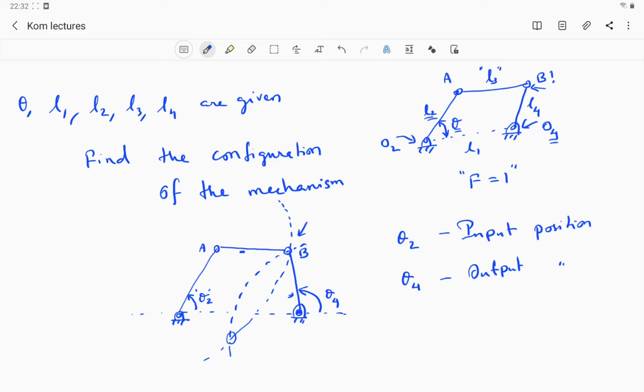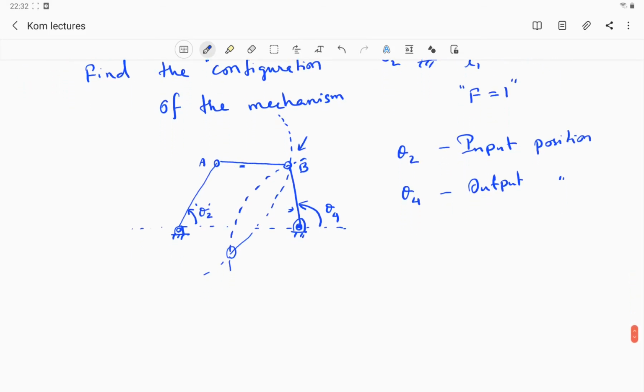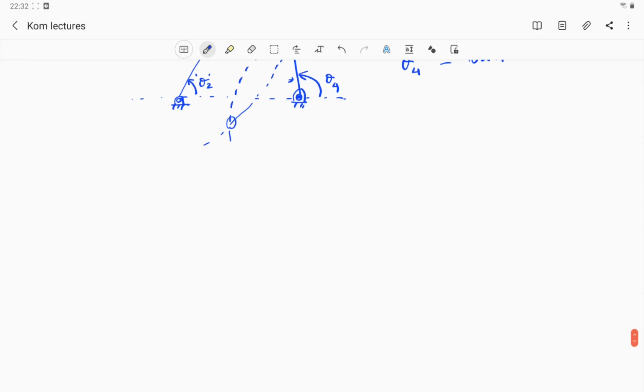Even for that, we have to construct this mechanism and identify its configuration. Fine. Now let's do the same for a slider crank mechanism.